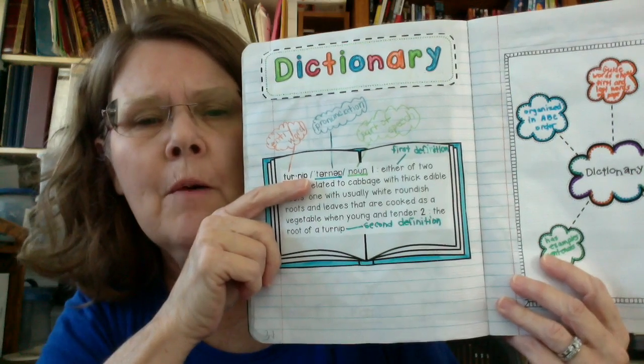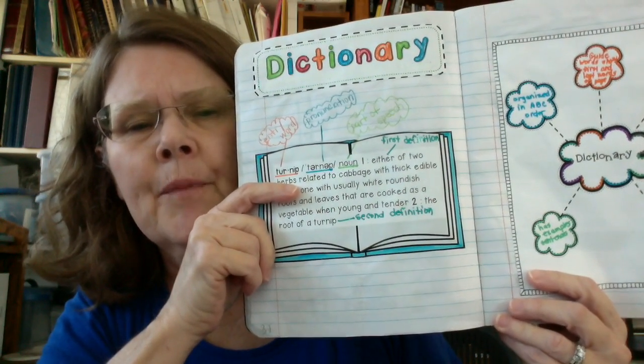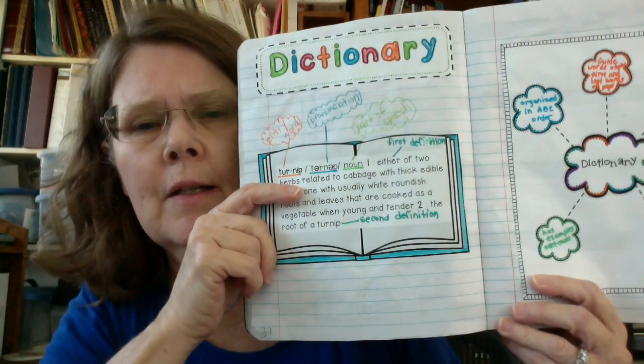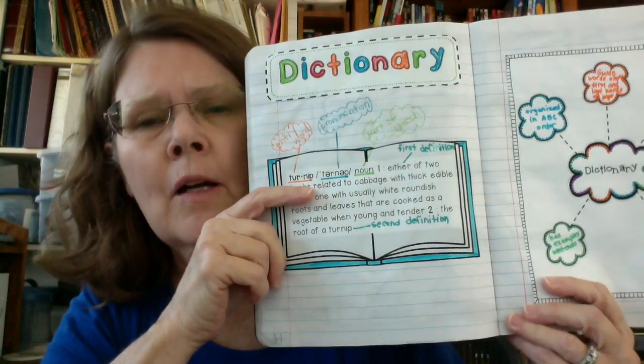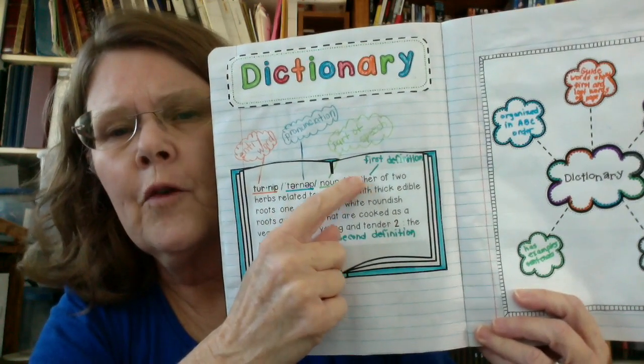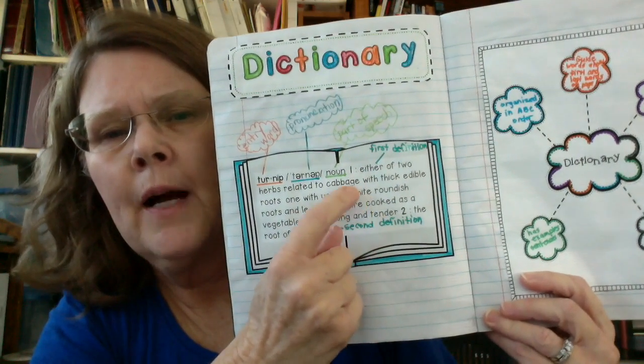Okay, so you can go ahead and mark turnip, and the entry word, the pronunciation, and the part of speech. And then we're not going to underline anything else, but we need to identify. This is the first definition, and that's what I wrote right here by the number 1.